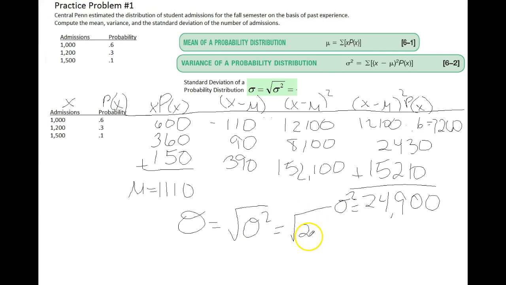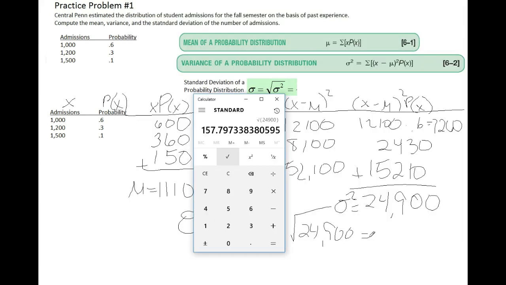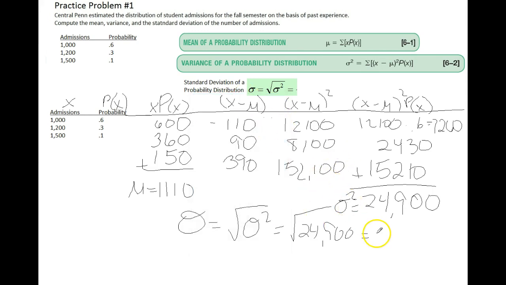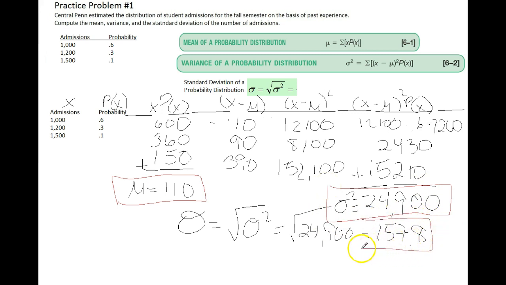So the square root of 24,900 gives us 157.8. So I'm just going to go through. Here is our mean. Here is our variance. And here is our standard deviation.